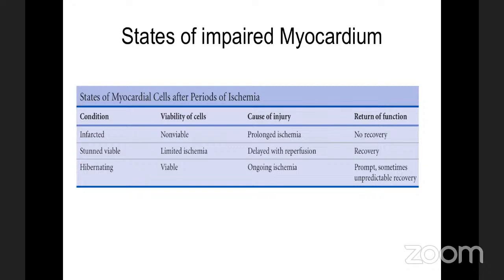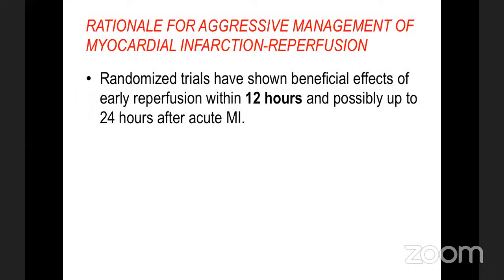On the other hand, in hibernating versus stunned myocardium, stunned myocardium is usually due to an acute insult, an injury caused by delayed reperfusion. Hibernating myocardium is due to chronic or ongoing ischemia, and the myocardium is viable. Randomized trials have shown the beneficial effect of early reperfusion within 12 hours and possibly up to 24 hours after acute MI, and we will come to that in the next slides.